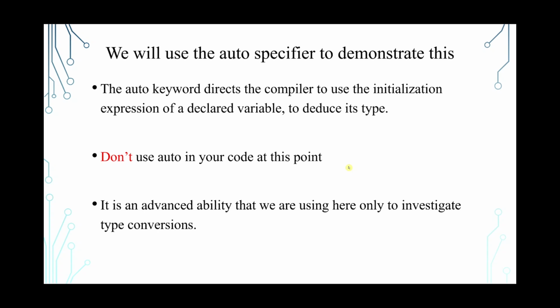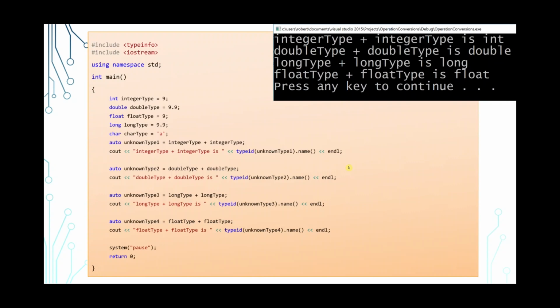You may use it later in CS131 or CS132, but not in CS110, except for demonstration purposes or practicing. Because it is an advanced ability that we will use to investigate type conversion for now, but in CS131 we will use it for actual purposes.